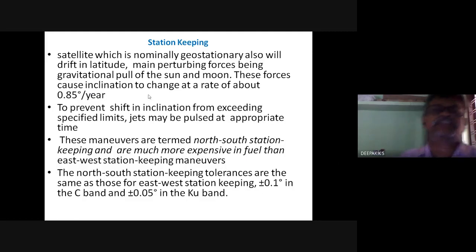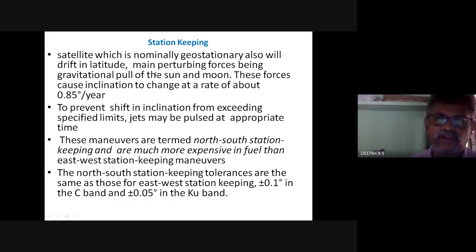Again, a satellite which is normally geostationary will also drift in latitude. Latitude is north-south. The main perturbing forces are the gravitational pull of the sun and moon. These forces cause the inclination to change at the rate of 0.5 degree per year. We know there is an angle between the orbital plane and the equatorial plane, this i, and that also will change because of the gravitational pull of the sun and moon.